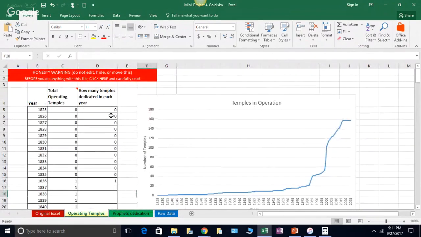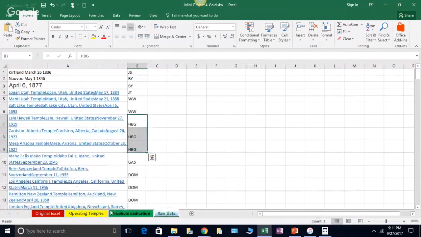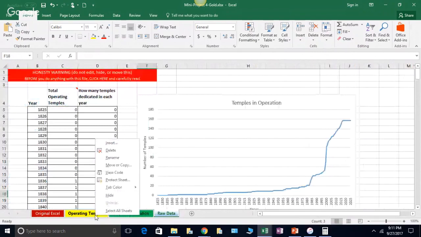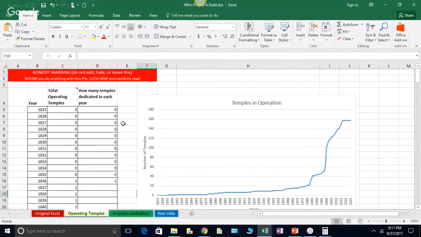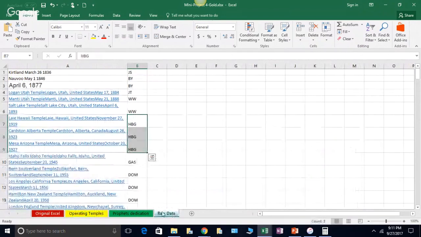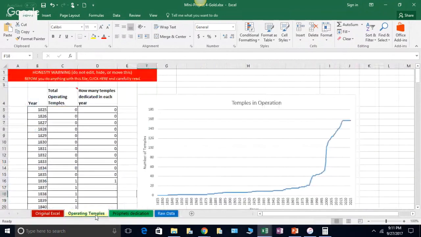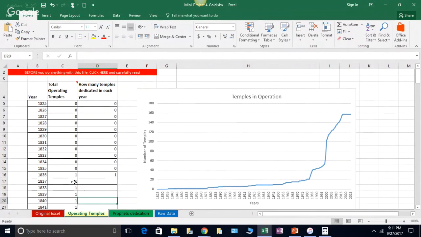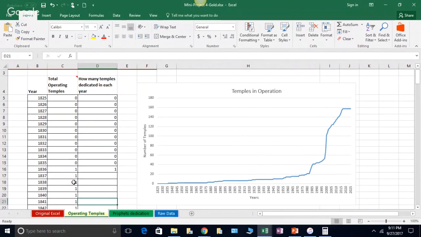Same with this. I just used the raw data here, and what I did was I just looked at the data, and I looked at the temples, and then I created a formula with 1836 being the first, and then on the side I just said how many were dedicated each month.